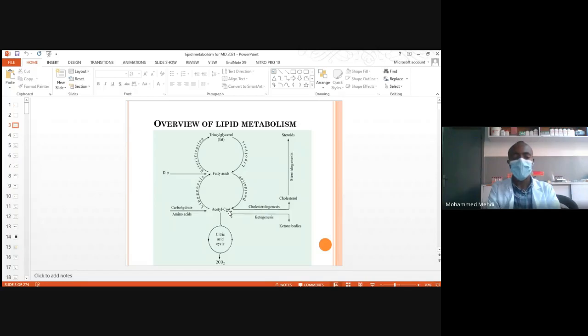The third one, this acetyl-CoA may join ketone body synthesis, ketogenesis. Ketone body synthesis occurs whenever acetyl-CoA is formed in excess amount. So this is the general overview of fatty acid oxidation or lipid metabolism.